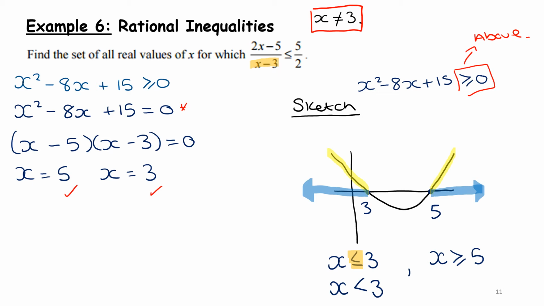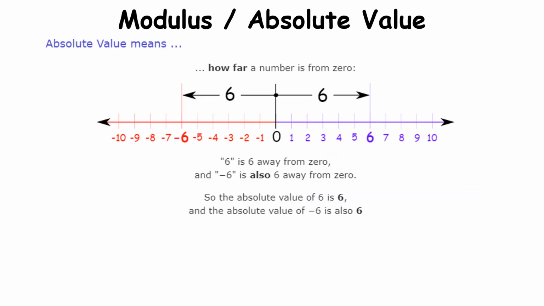So don't look at these until the very end of the question. So my final answer is x is less than 3 and x is greater than or equal to 5. Remember, two distinct pieces on the graph mean two distinct answers.